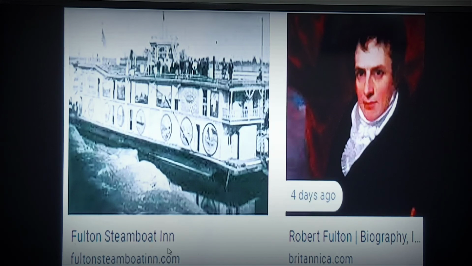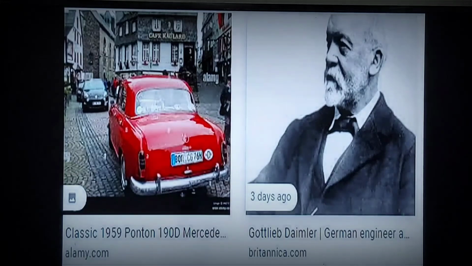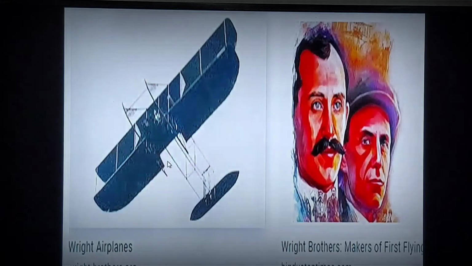Robert Fulton's steamboat. Henry Bell's steamship. Daimler's motor car. This is a developed motor car. Wright brothers' aeroplane.